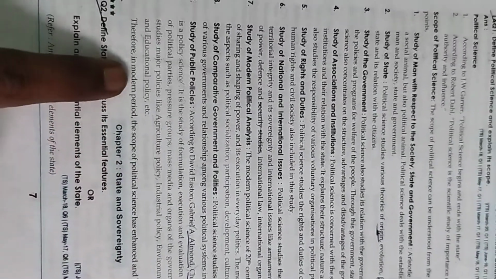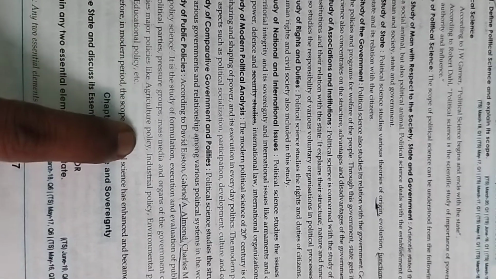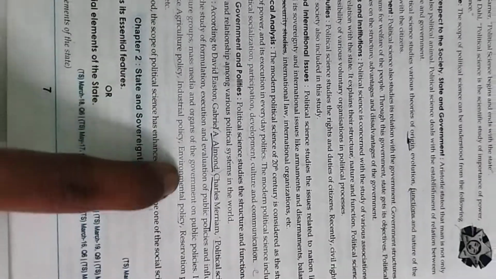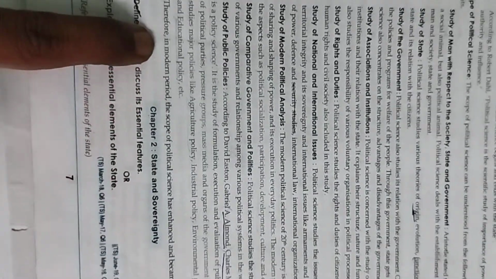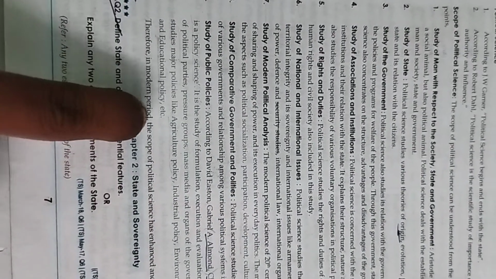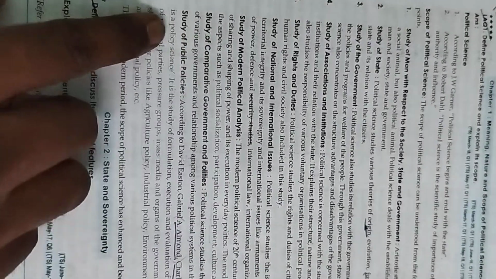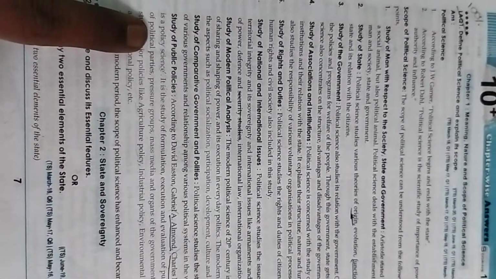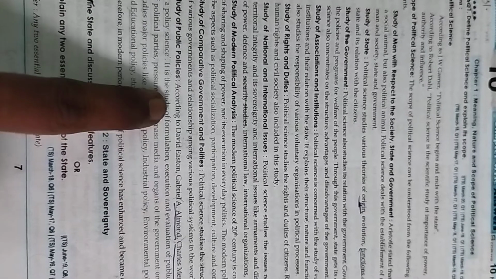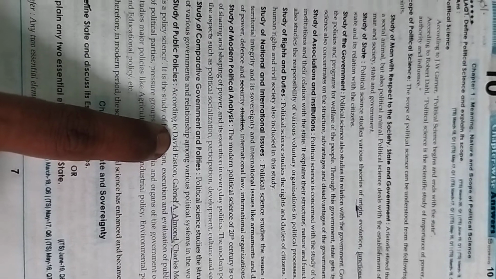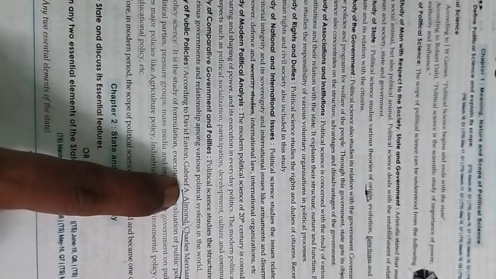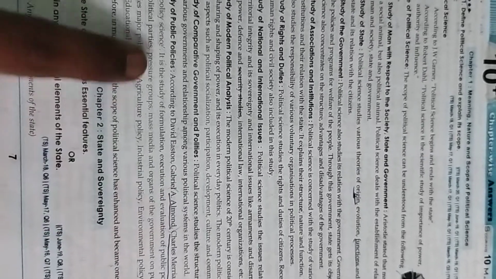It also studies major policies like agriculture policy, industrial policy, environment policy, reservation policy, and education policy, etc. Political science is also known as policy science, according to whom you have to write any two scientists. Easily you can pick David Easton and A. Alban. These two names are enough.